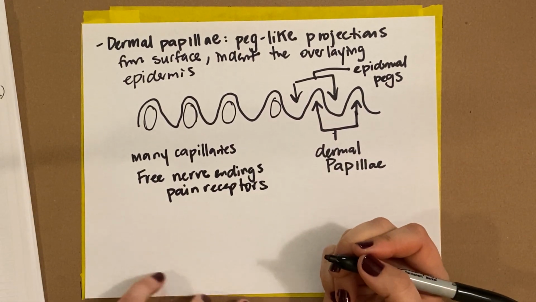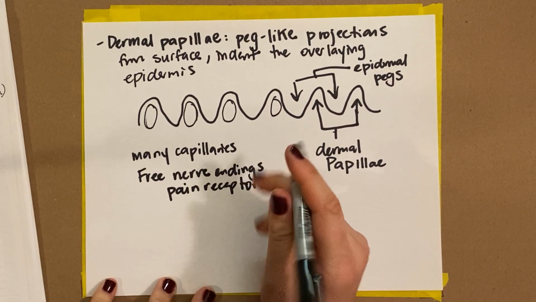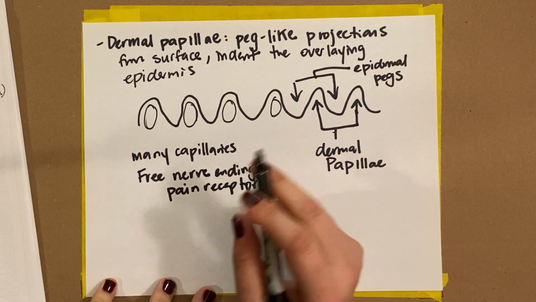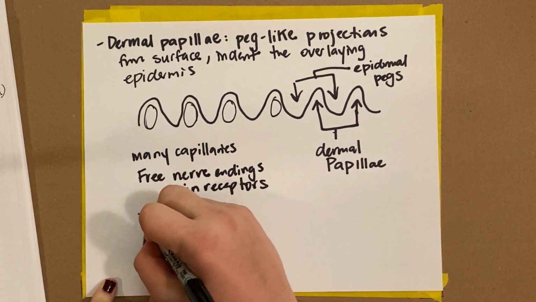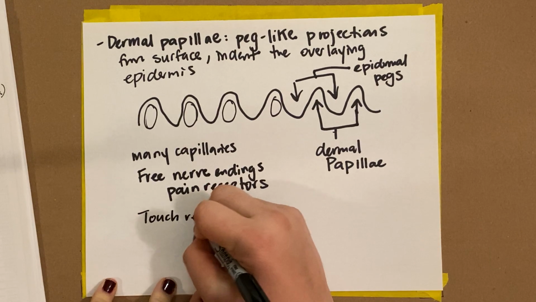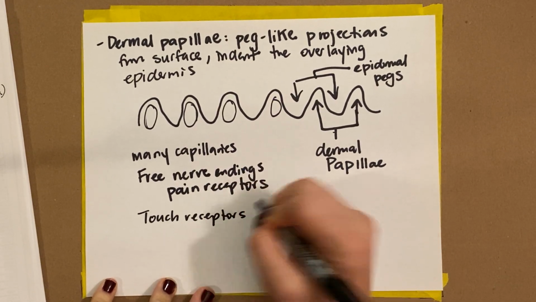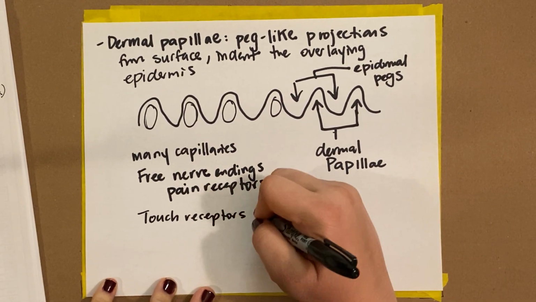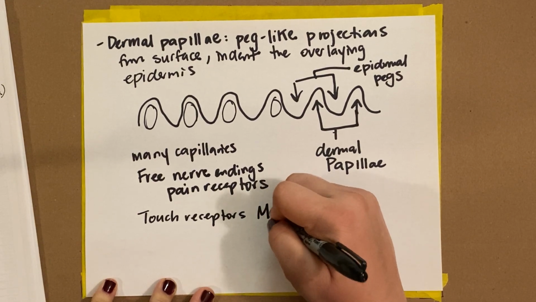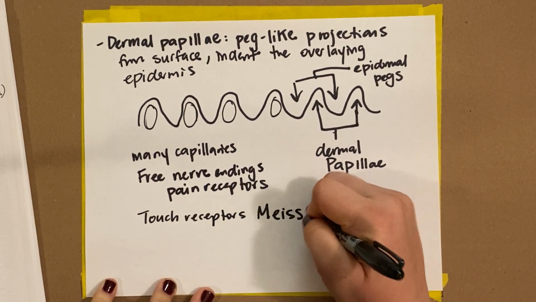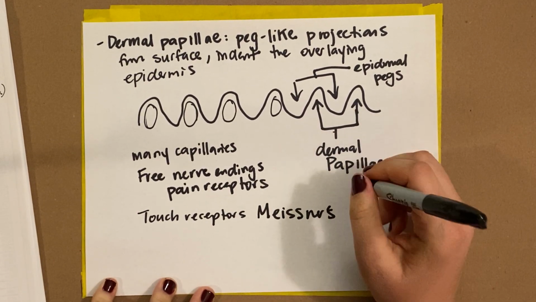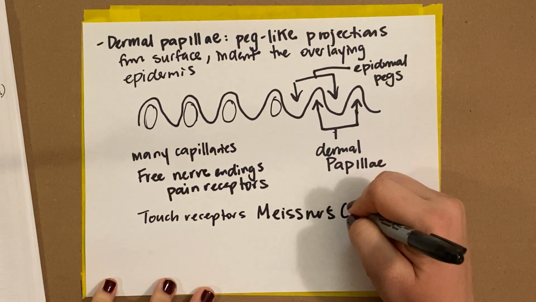They are sometimes also going to have touch receptors, and these are called, this is an important one, Meissner's corpuscles.